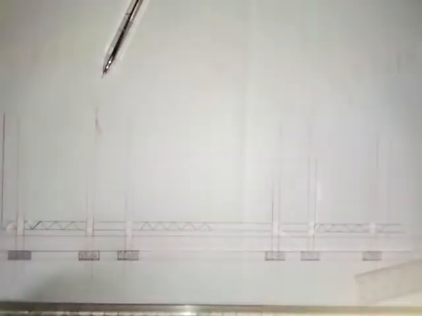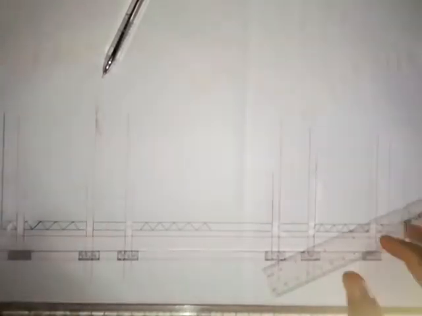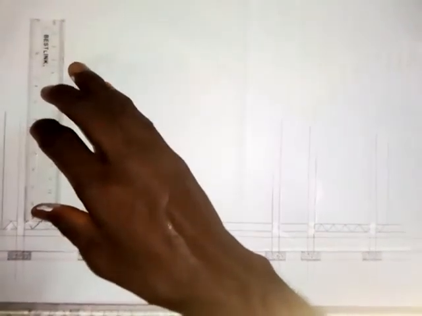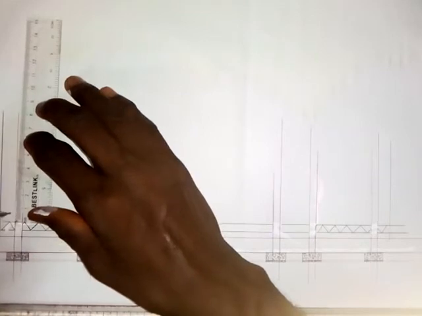The next thing that we are going to put here is the concrete slab. The thickness is 150 by 50, which will give us 3 millimeters. So you take a measurement of 3 millimeters above the hardcore, and the concrete slab is going to cover the whole of the walls.